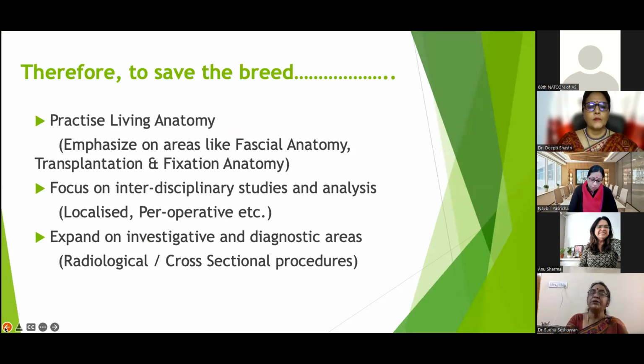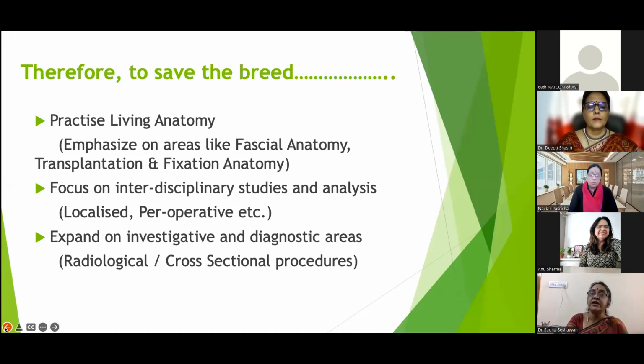But with changing scenarios, with several laws and regulations coming into force, whether we would be permitted to do that, I'm not too sure. The anatomist can be an investigative radiologist: cross-sectional anatomy, radiological procedures, imaging techniques.